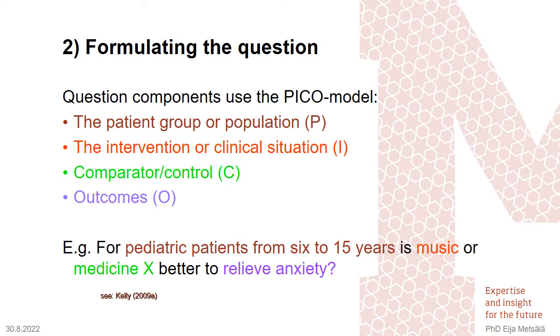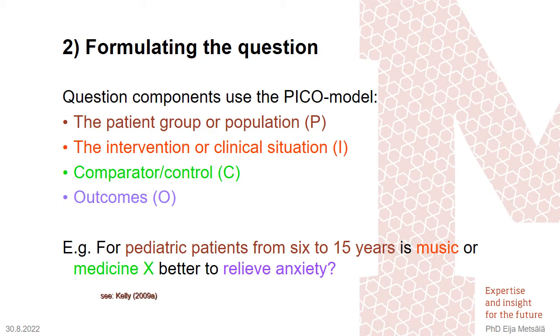Here is an example. For pediatric patients from 6 to 15 years, obviously this is P, patient or population group. Is music or medicine X better to relieve anxiety?